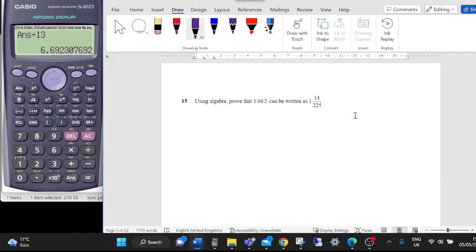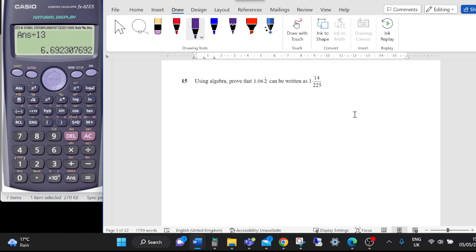Right, question 15. Use algebra to prove that 1.062 recurring can be written as a mixed fraction. We've got a calculator to help us here, but in theory, x is 1.0622 recurring. We've only got a 1 digit repeating pattern, so I'm going to go 10x is equal to 10.622 recurring. With the recurring pattern lining up, subtract one from the other.